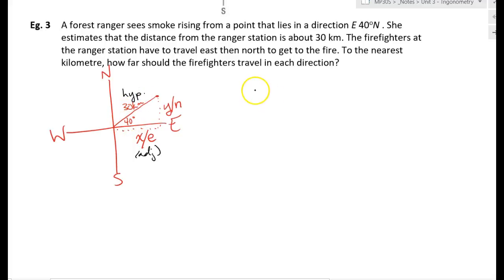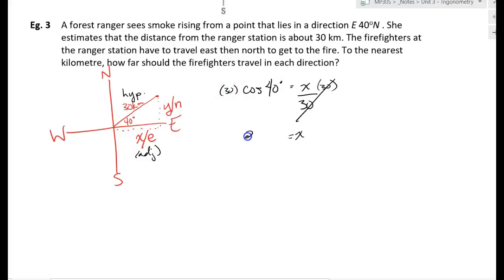So always looking for those ratios still. So this is going to be cos of not 30, but 40 degrees. It's going to be x over 30. So we can rearrange that and multiply by 30 to get it out of the denominator and isolate x. And now we've got 30 times cos 40.